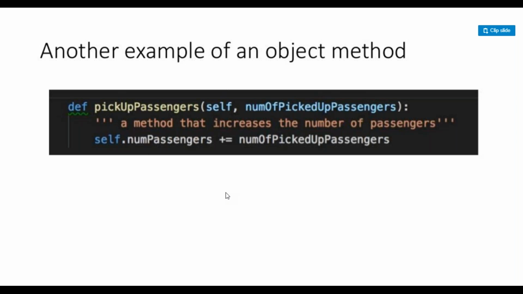It means, for example, your bus is starting from one location to another, our college. So the pickup points are there. The first pickup point, how many students? The second pickup, the third pickup, and finally these students are reporting to college this way. So the number of passengers equals number of passengers plus number of picked up passengers.